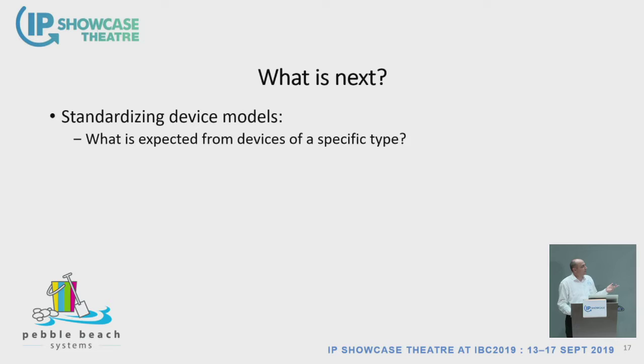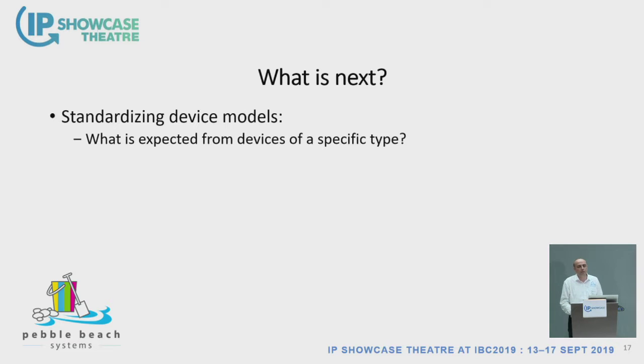Now, what is next for IS-07? As we now have all the transport mechanisms, we have the message formats, but what is missing maybe at the moment is to figure out what is expected from certain types of devices. So, for example, what properties should a button expose, how it should behave, what properties should a multiviewer support on their inputs, what would be the essential fields for telemetry.